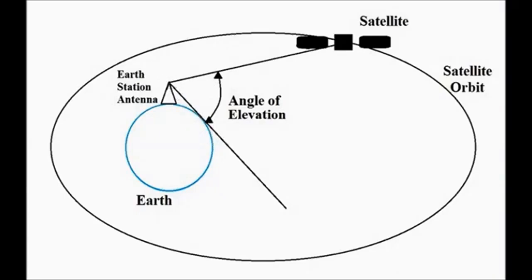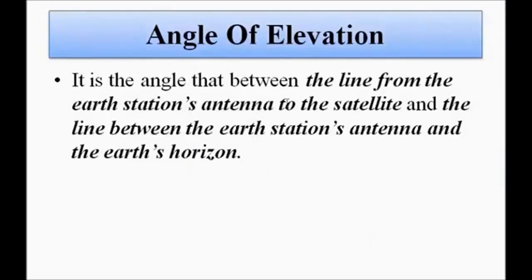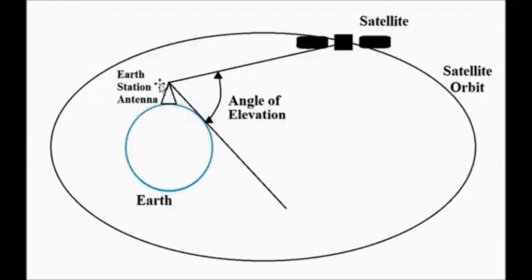So the angle of elevation is the angle between the line from the Earth station antenna to the satellite and the line between the Earth station antenna and the Earth's horizon. So this is the Earth's horizon line starting from the Earth station antenna, and this is the line from the antenna to the satellite.